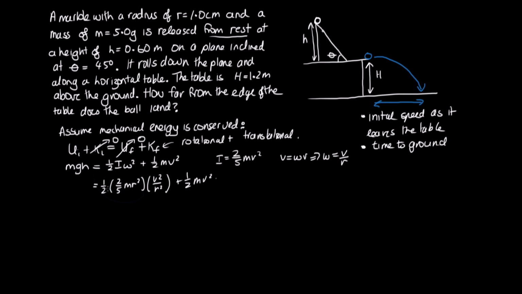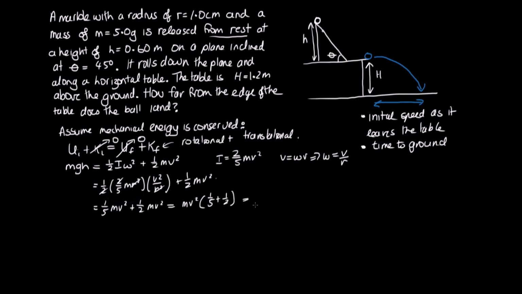Okay, so we've got a 2 on the bottom and a 2 on the top. We've also got an r squared on the top and an r squared on the bottom, which can cancel. So we can write this as a fifth mv squared plus a half mv squared. Now these both have mv squared, so we can write this as mv squared times a fifth plus a half.